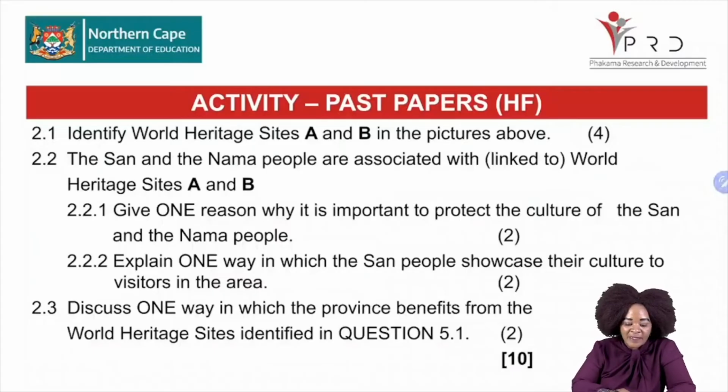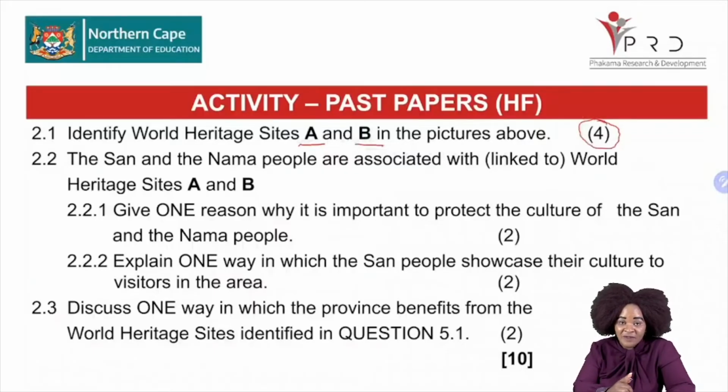2.1, identify World Heritage Site A and B in the pictures above. And you can see the marks. 4 marks is a lot for identifying 2 World Heritage Sites. So if you identify them incorrectly, it means now you're going to lose the 4 marks, which is something that we do not want.